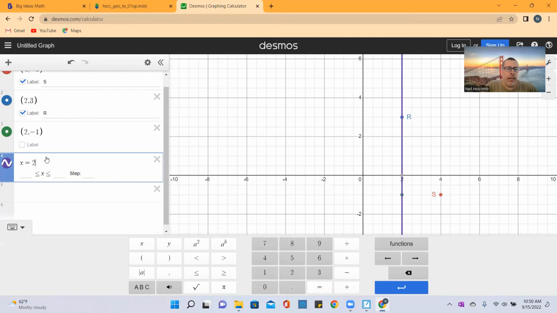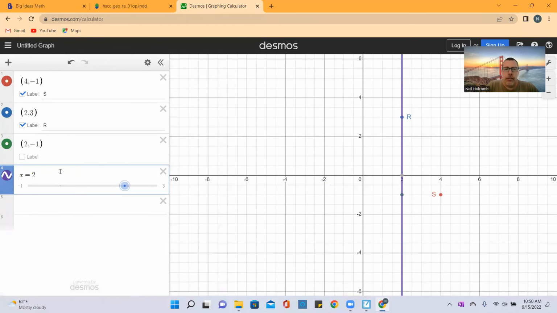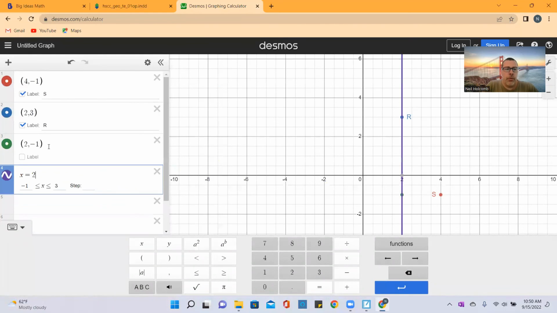I can change that: x equals 2, and I only want it to go from 3 to -1, where y is greater than -1 but less than 3. No, that's not what I thought it was doing. Not sure what this means. If that said y, then never mind, let's not worry about that right this moment.